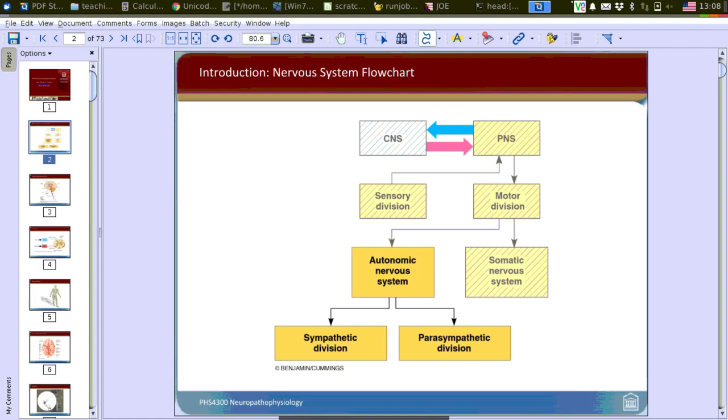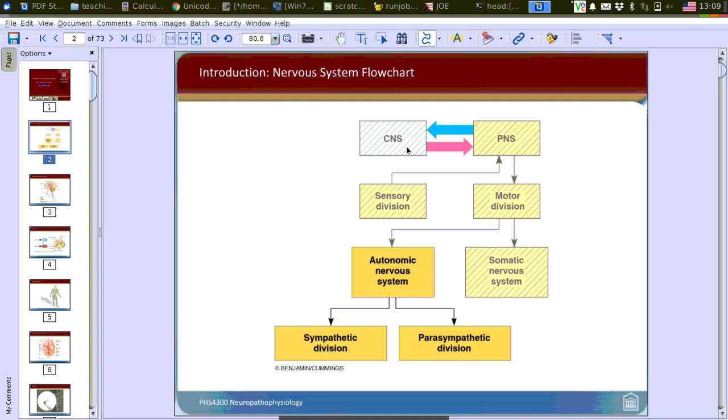Perception requires sensory receptors, which are outside the central nervous system. So we need a way to bring that information to the central nervous system. And so you have the sensory division, which has all of the receptors, and they transmit information through the peripheral nervous system, which are the nerves, to the central nervous system, either at the level of the spinal cord or at the level of the brainstem.